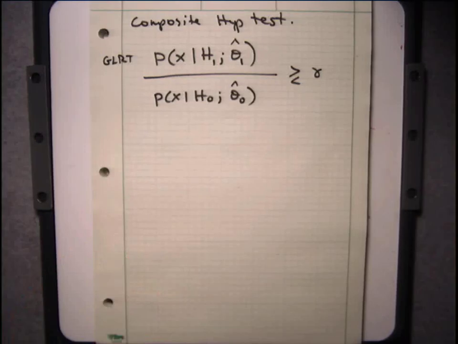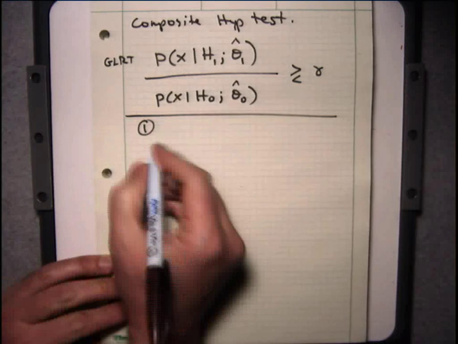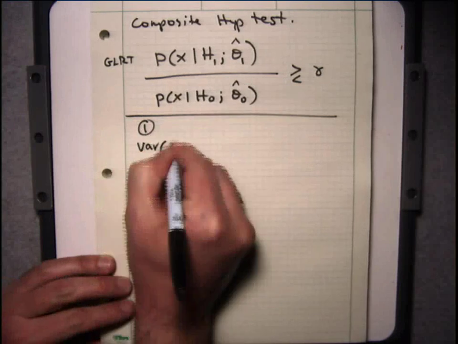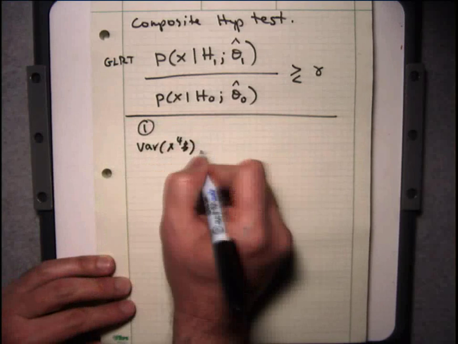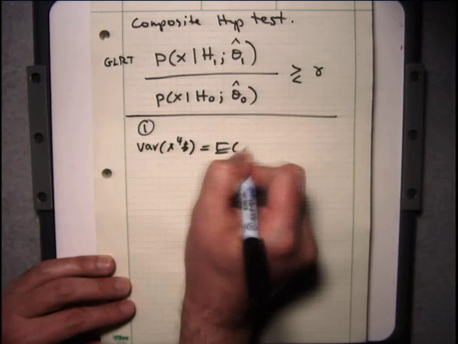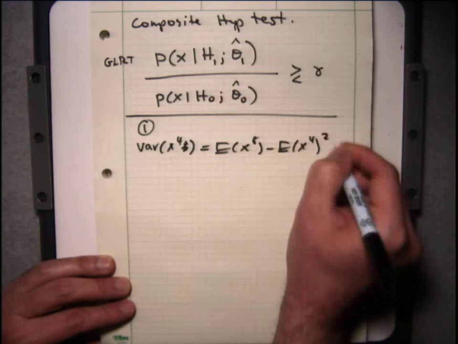Okay, so problem 1. The variance of x to the 4th, let me just get rid of the condition on y, is the expected value of x to the 8th minus the expected value of x to the 4th squared, which is positive.